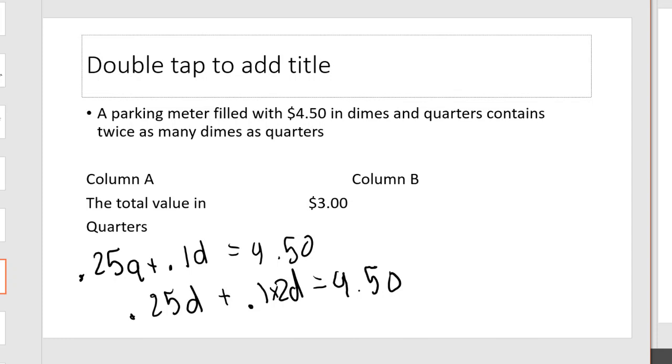We now take that and have 0.25D plus 0.2D equals $4.50. Does everyone understand how we changed the Q to D?